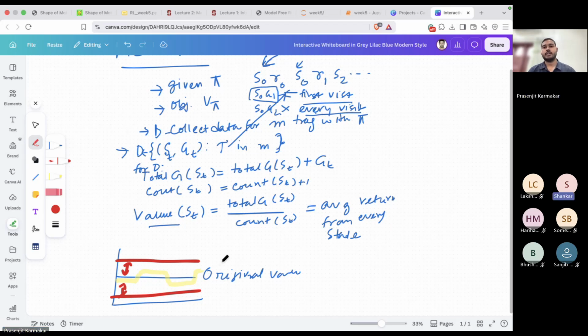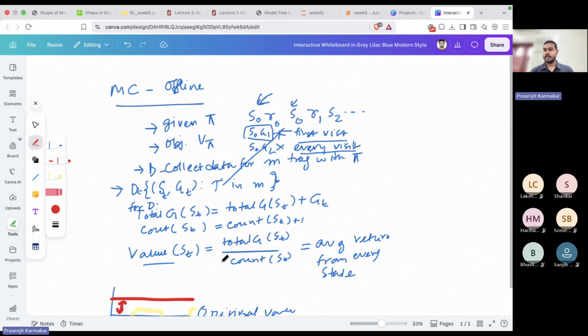Ideally, we don't expect to go to the same state in normal behavior. But we can. If there is a loop in the environment, it depends on the policy. If my policy is suboptimal, then I can loop.